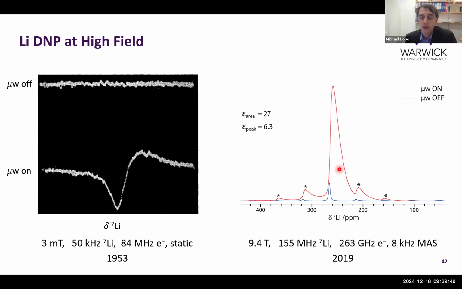And what you can see is going from our microwave off spectrum in blue to our microwave on spectrum in red, we get an enhancement in our lithium NMR signal of lithium metal by a factor of almost 30 in this case. The other interesting feature to note here is this tail down to lower frequency.